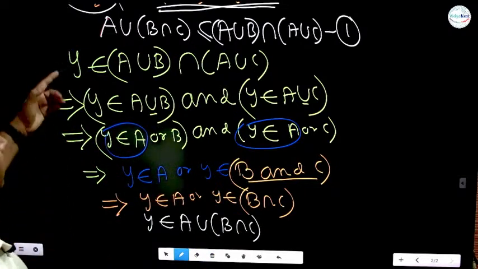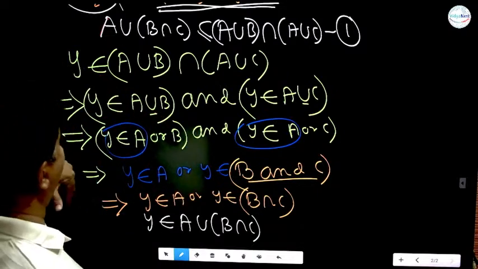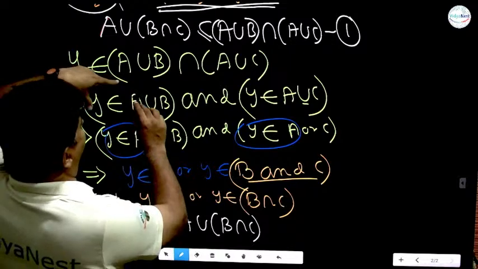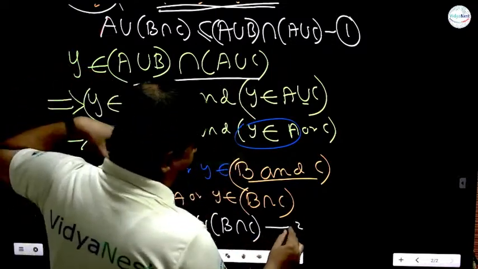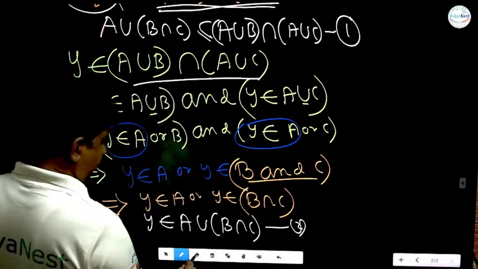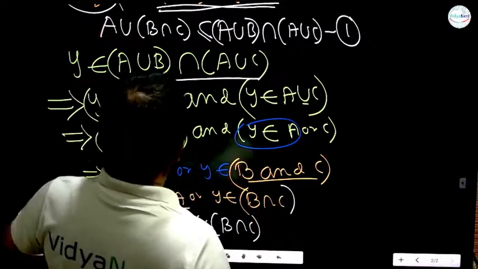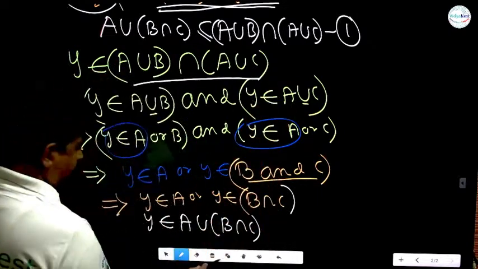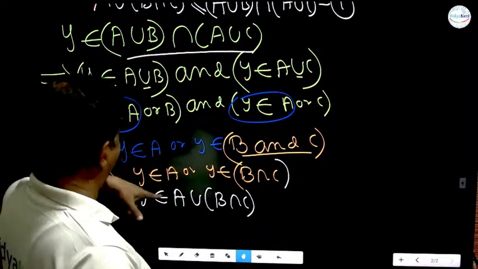So in the previous case, we started from the left hand side and could reach the right. Now I started from the right hand side and could reach the left hand side. This is result 2. Now this thing states what? See, y belongs to this and the same y belongs to this.